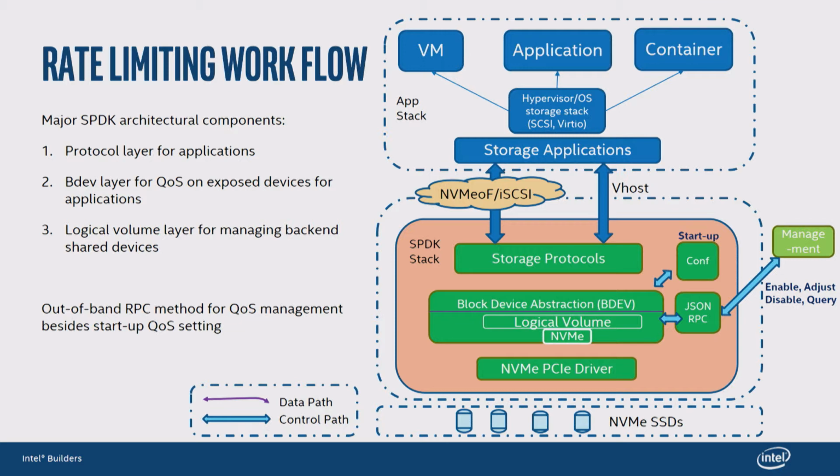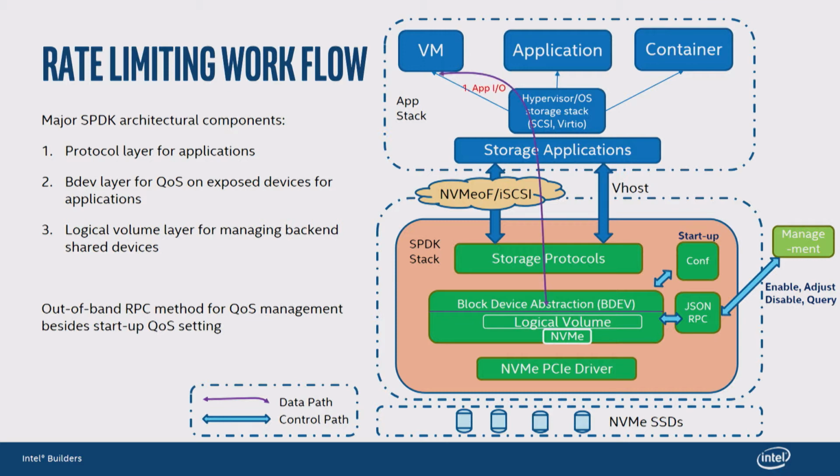So there are 3 layers here. And we have the control paths. One is the conf files that we can configure when we start the SPDK target. And the other control method is through the RPC calls to enable, adjust, or disable the QoS.